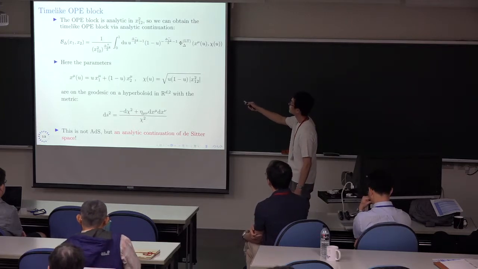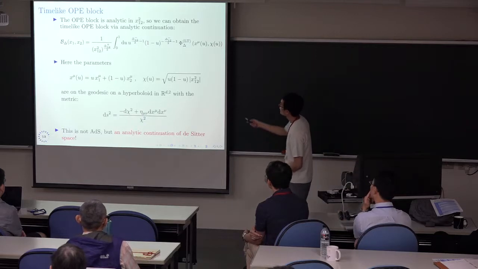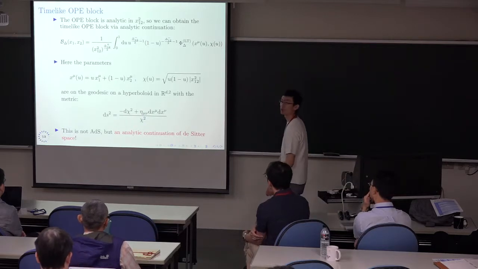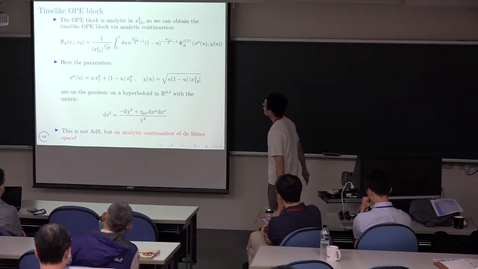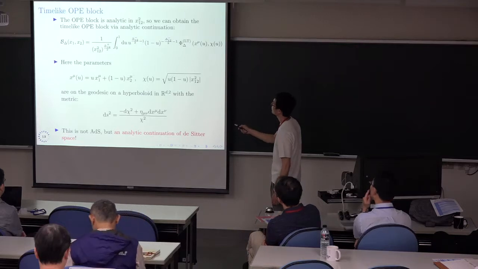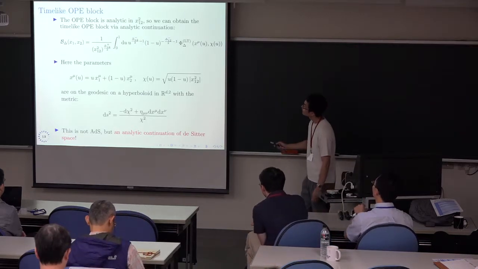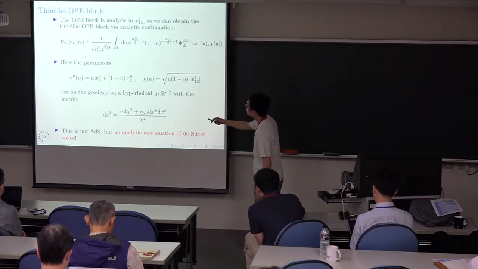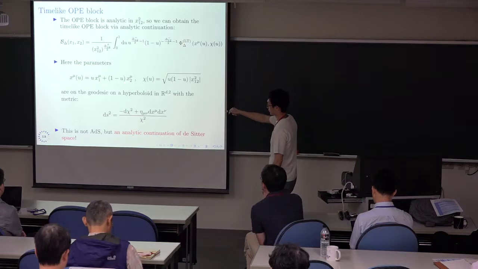So you need to analytically continue x12 squared appropriately. But it is actually not so difficult to do that. After doing the analytic continuation, you end up with a very similar form as before, but with a slight difference.